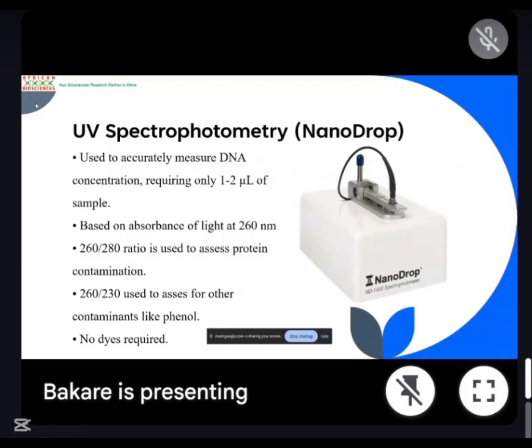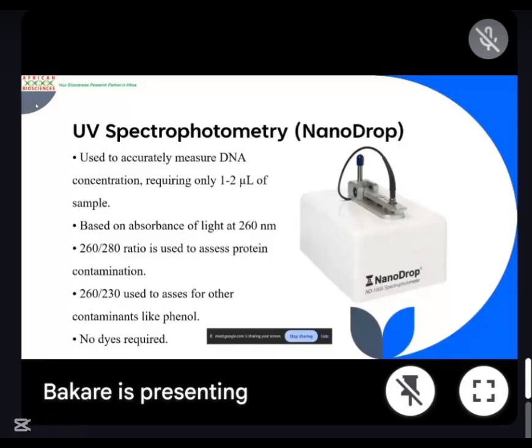For RNA it is 2.0. Then the 260/230 is the ratio of absorbance at 260 nm to absorbance at 230 nm. This one is used to assess other contaminants like phenol.